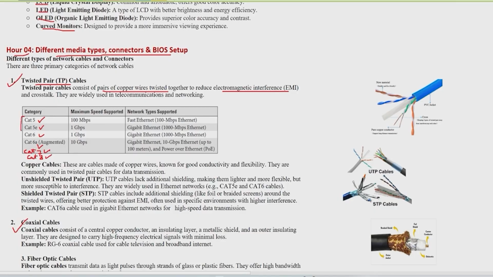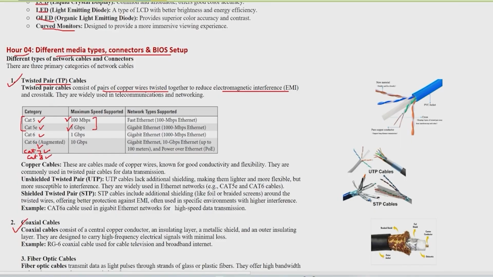So what is the difference between category 5 and category 5E? Category 5 had a carrying capacity of 100 Mbps only, and 5E became 1 Gbps. Why did they change the speed? Because category 5 was using only 1 twist per inch. When you have only 1 twist per inch, the electromagnetic interference will be more and the speed will become less.